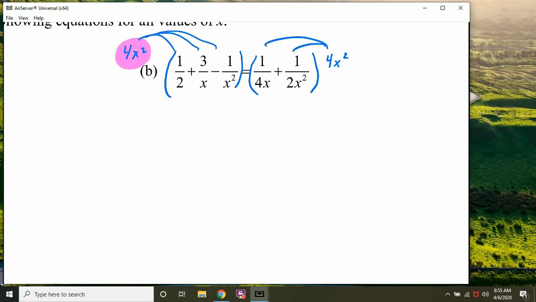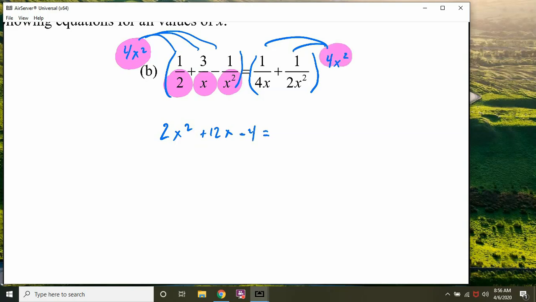So on the left, 4x squared divided by 2 is 2x squared, times the 1 on top is 2x squared. 4x squared divided by x is 4x, times the 3 above it is 12x. 4x squared divided by x squared is 4, times the negative 1 is negative 4. So that's what we should get on the left.